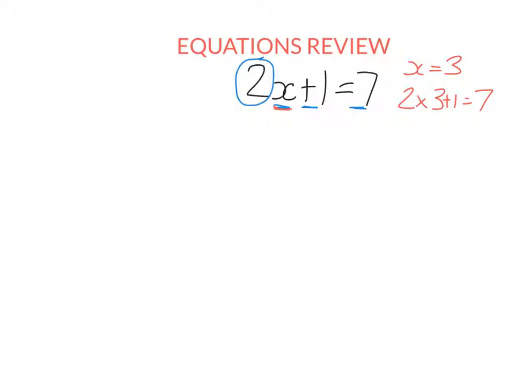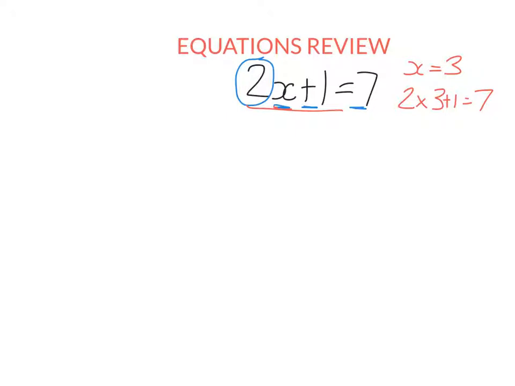The same sort of idea works here with equations. We have to undo what's been done to x in the opposite order. That means the opposite order to BODMAS. So in the equation up here, x was timesed by 2 first, because BODMAS means multiplication before addition. x was timesed by 2, then 1 was added.